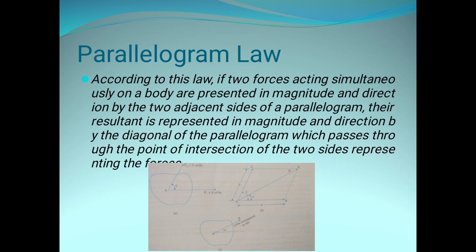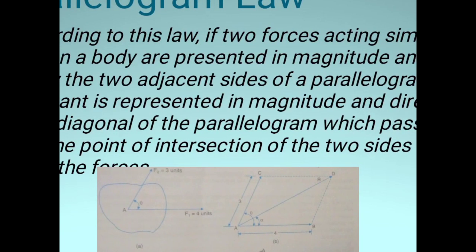So the first one is the parallelogram law. According to this law, if two forces act simultaneously on a body, we can see in the diagram there is a rigid body with two forces, F1 and F2.